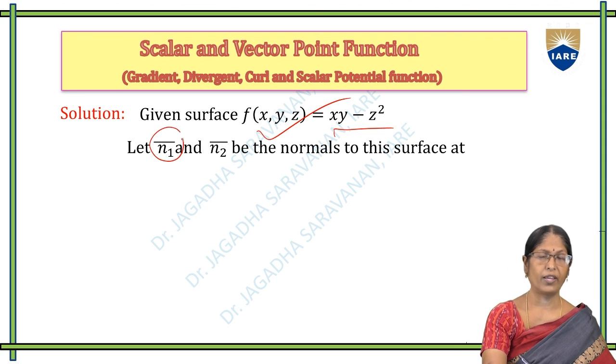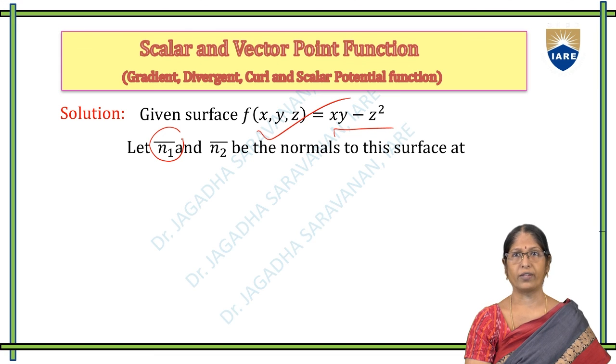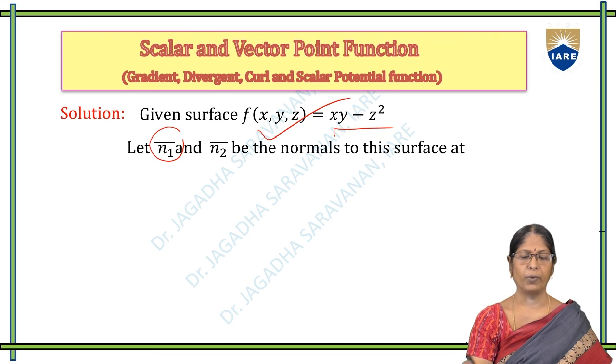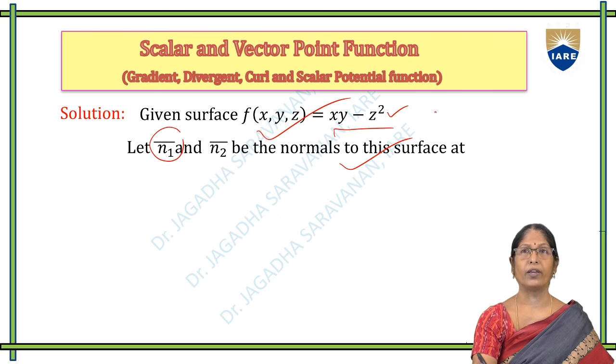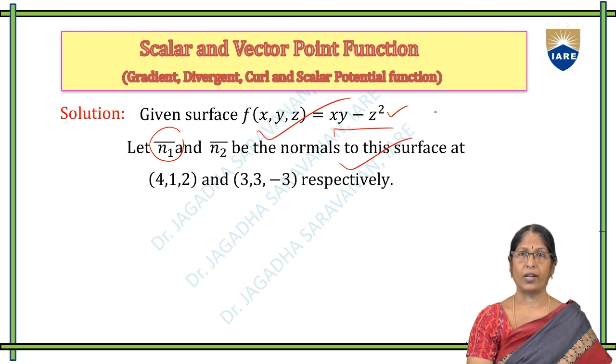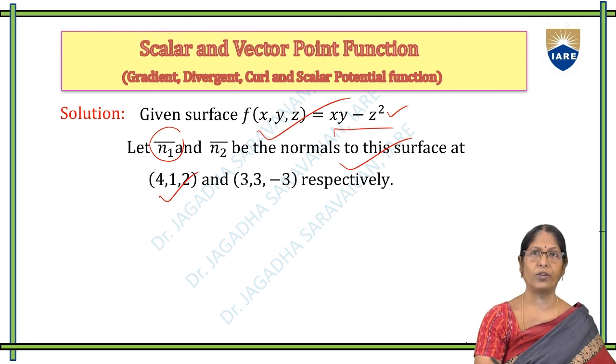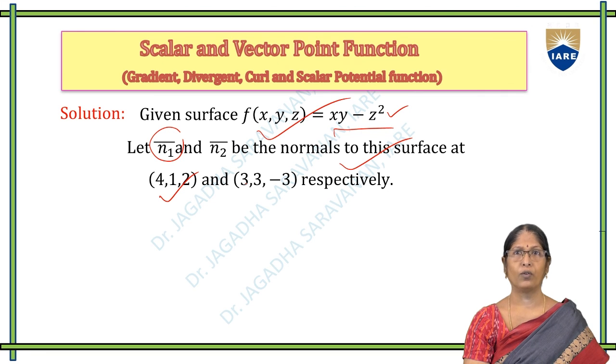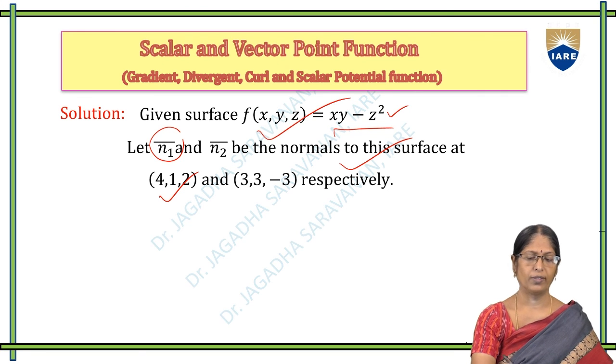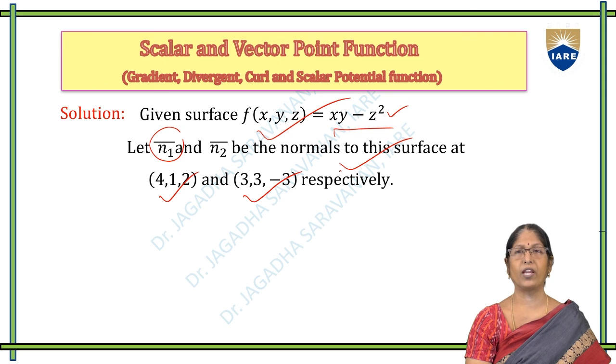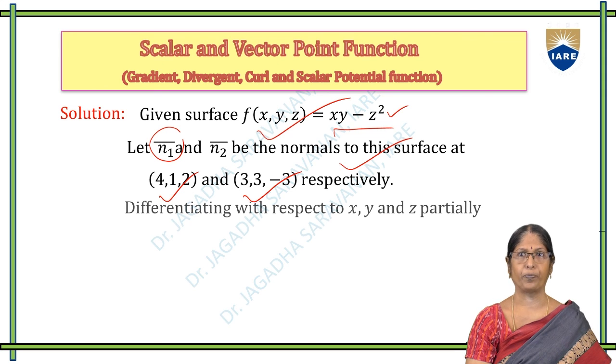We take n1 vector and n2 vector as the normals for our given surface at the first point, 4, 1, 2, and the second point, 3, 3, minus 3.